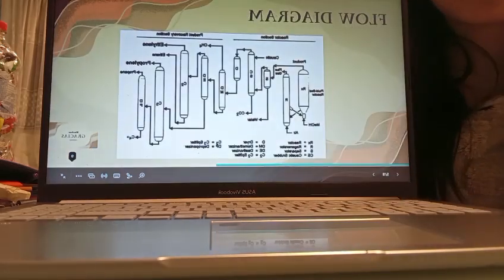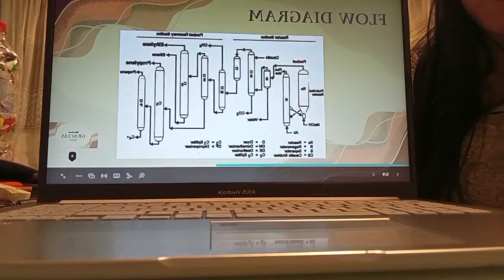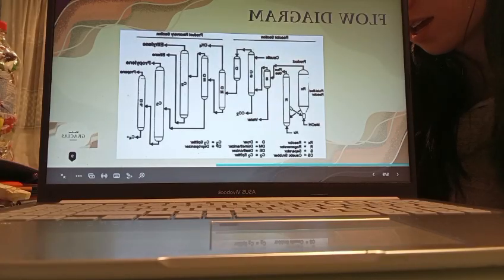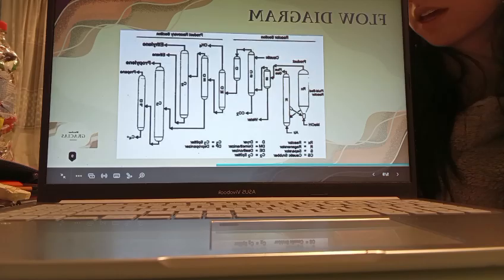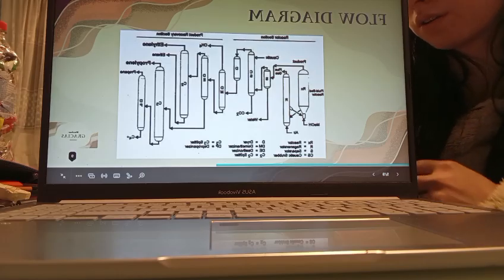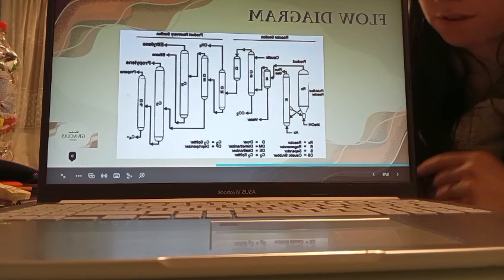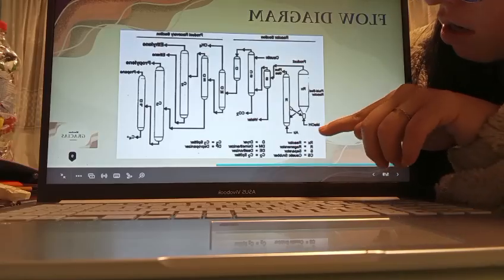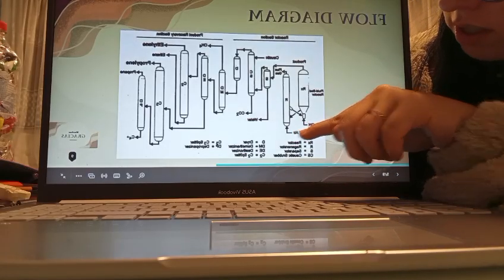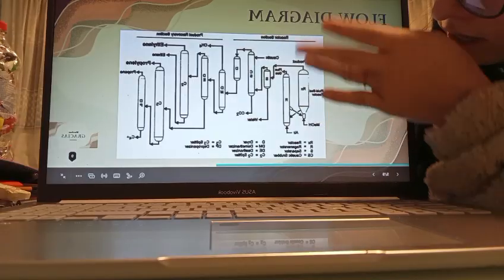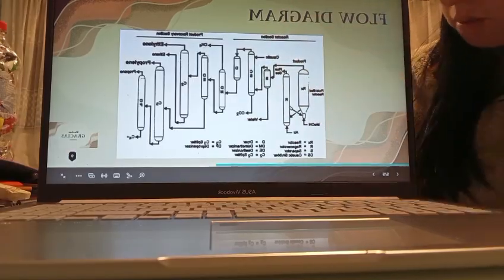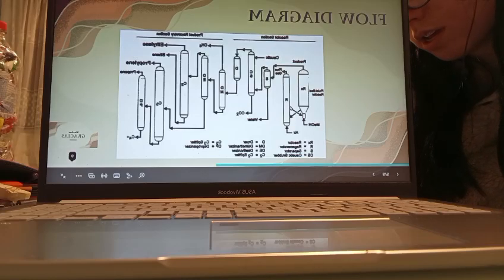Okay, next is the flow diagram, and we can see the process. This diagram shows the main stages of the MTO process. First, methanol and steam enter the system as feed. We can see in this part how methanol and the steam feed the process. Then they go to the reactor.